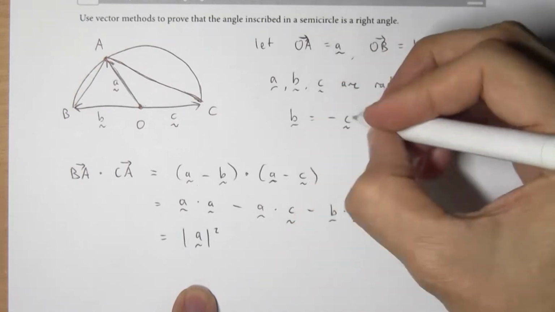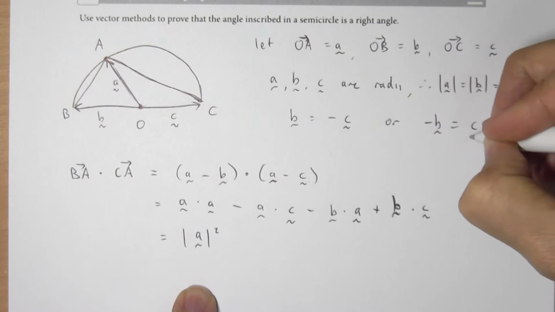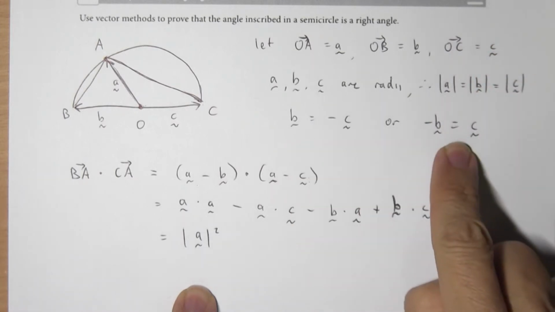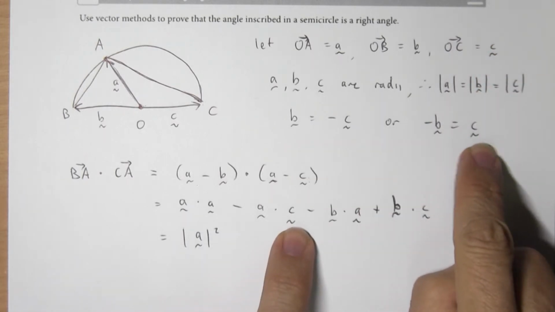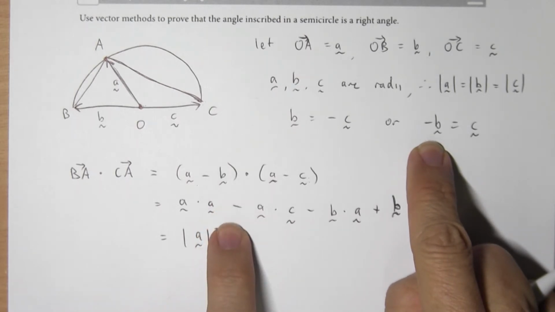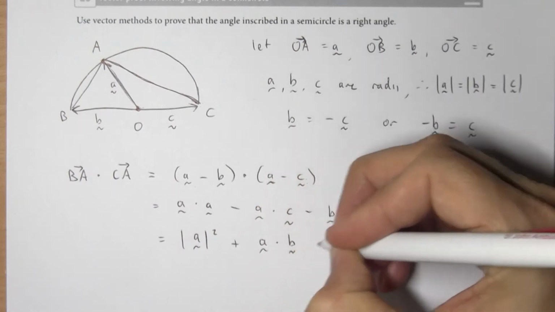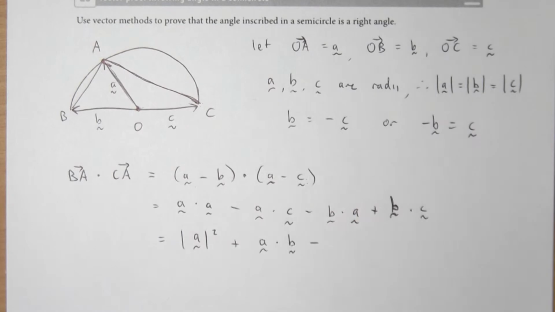Now, if I replace c by the negative of b, because it's exactly the same as saying negative b equals c, that's the same thing. So I'm going to replace c with negative b, and that's going to change this sign. So it's going to become plus a dot b minus, oh, wait a minute, dot product is commutative.